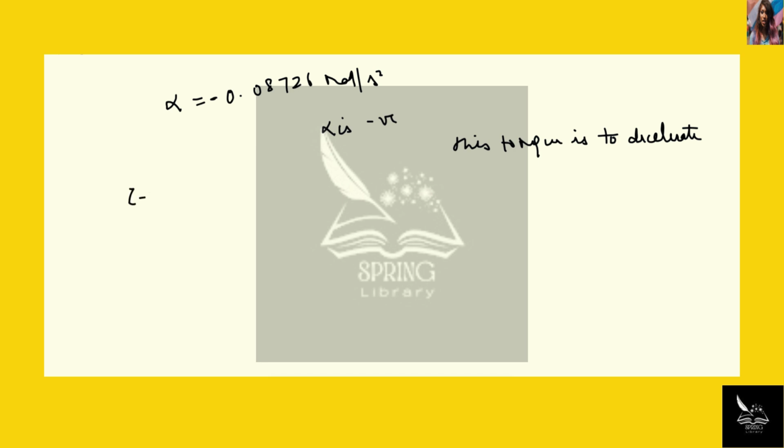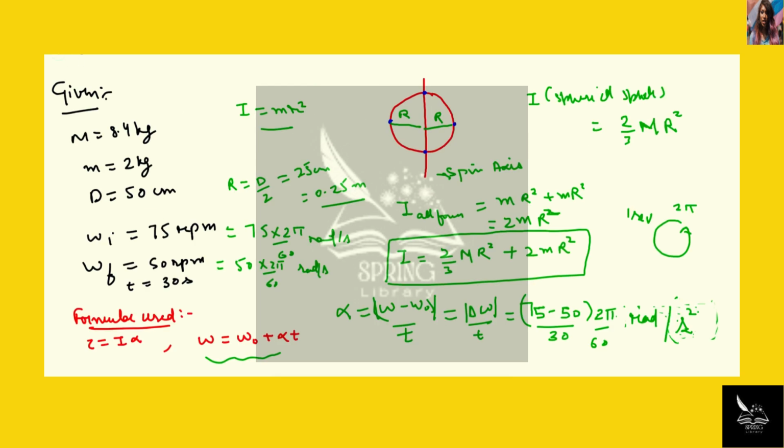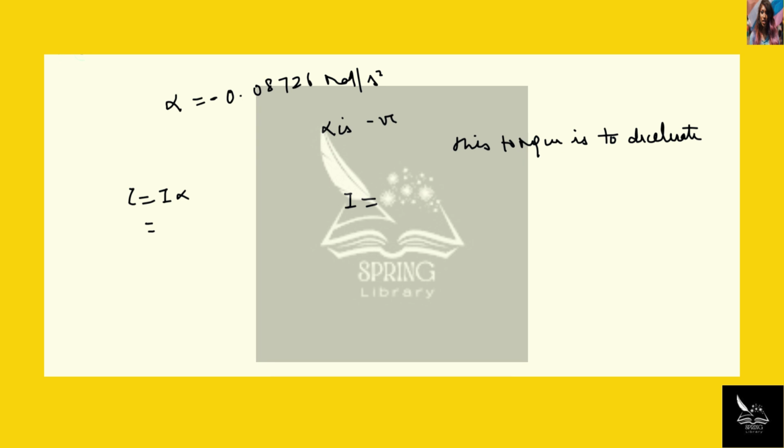Now we have torque equal to I alpha. So you put in the values of I and alpha. First we find I, so we put the mass value small m and capital R. This comes out to be 0.600 kg meter squared.